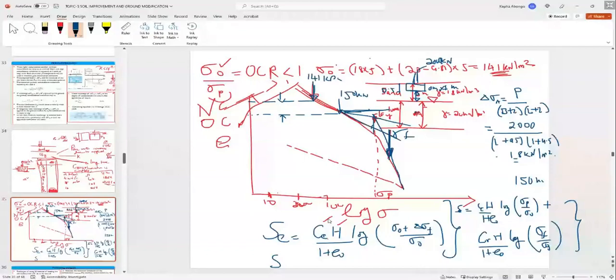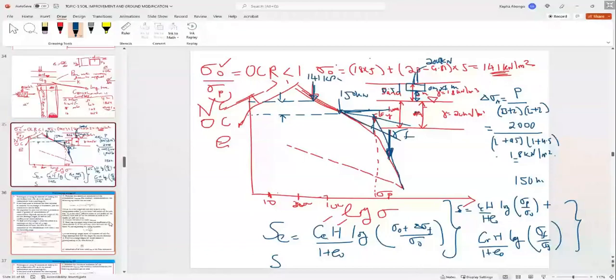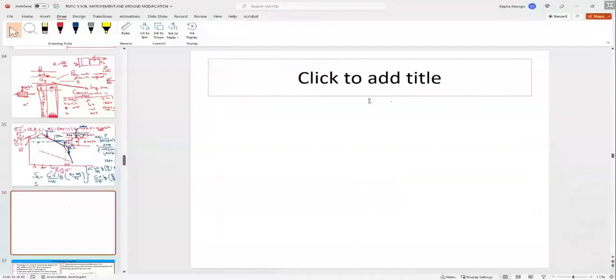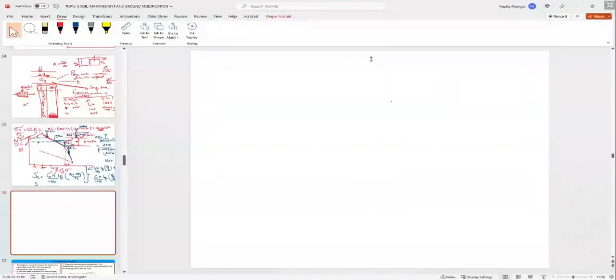Okay. Now probably there's no question. So is this something that you learned in, I don't know whether it's soil mechanics 2 or foundation engineering, I don't know which one. Did you learn this? Hello, ladies and gentlemen. Let me get some response from you.